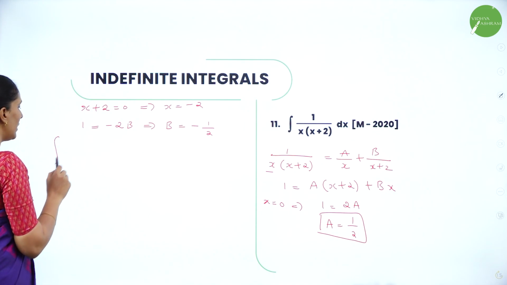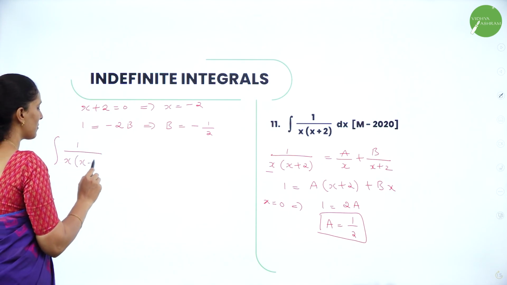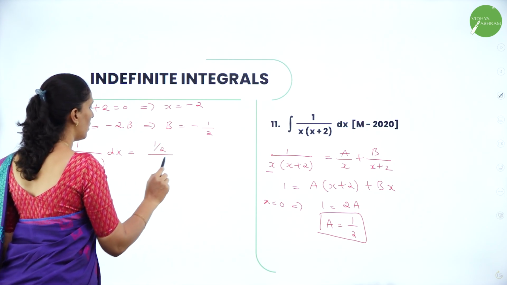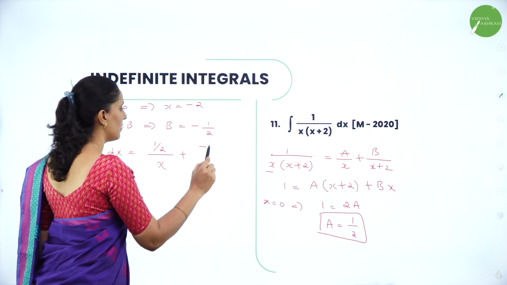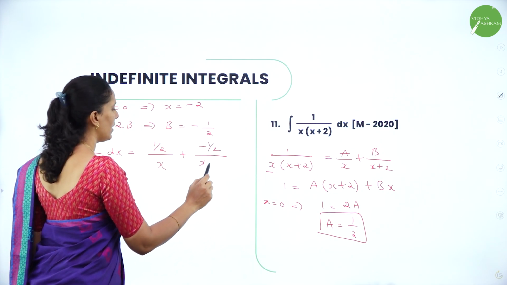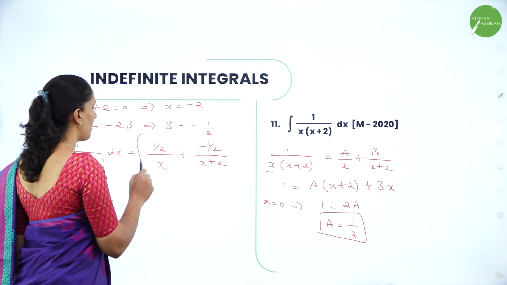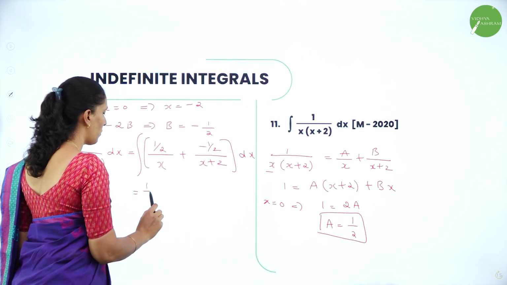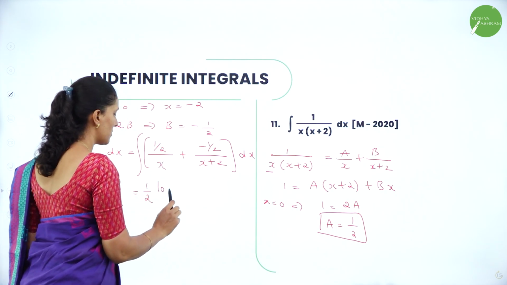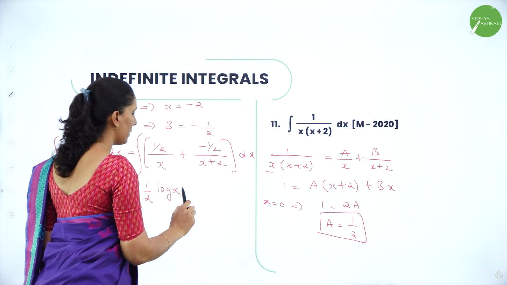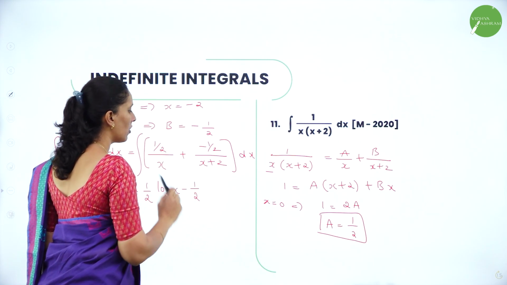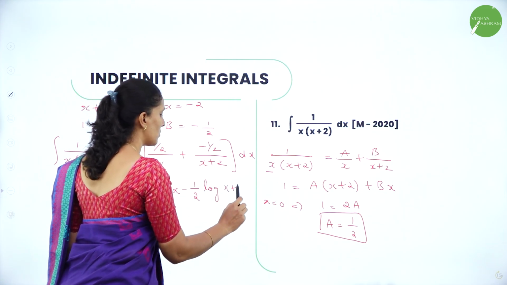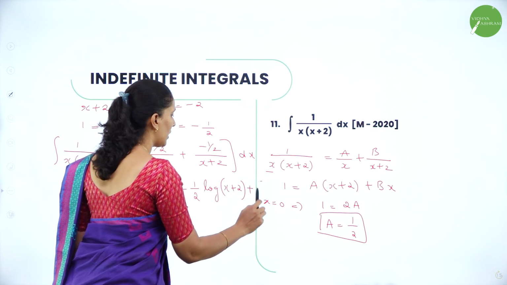So therefore, the integral of 1 over x into x plus 2 dx can be written as 1 by 2 whole divided by x plus minus 1 by 2 whole divided by x plus 2. Now let us apply the integral for this. Let me keep 1 by 2 outside. Integral of 1 by x becomes log x. Again I will keep minus 1 by 2 outside. Integral of 1 by x plus 2 becomes log of x plus 2, plus integration constant.